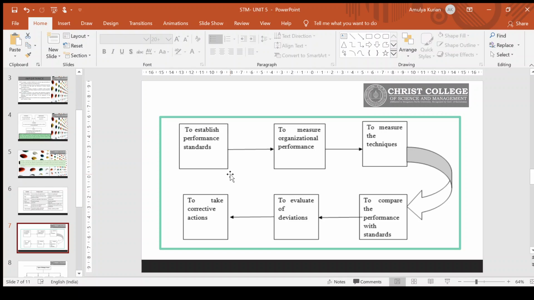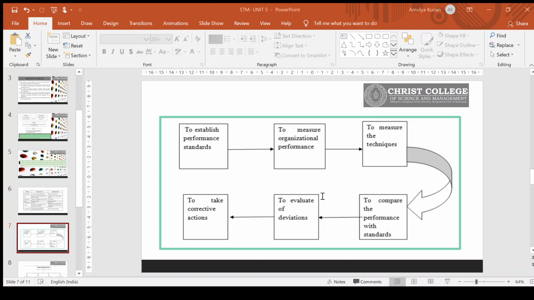First, we have to set performance standards, such as time standard, cost standard, income, market share, return on investment. On these parameters we will come up with performance standards so that it is easy for us to quantify. We can't quantify certain things like morale, discipline, creativity, etc.